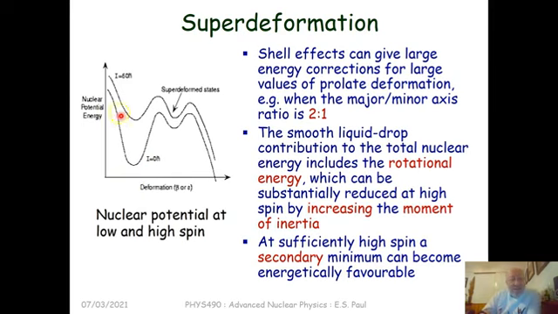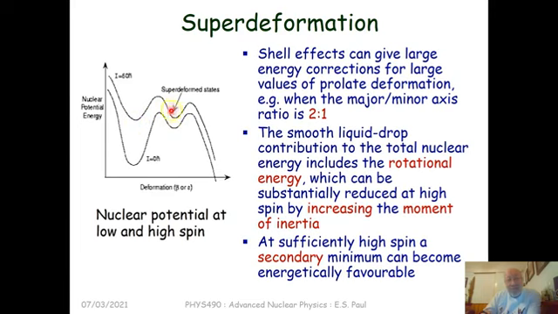Now let's have a look at the potential if we go up to spin 60. So what happens is now this secondary minimum, because it has a larger moment of inertia, actually comes down in energy, and you can see at this point it's at the same level here, so it's competitive.